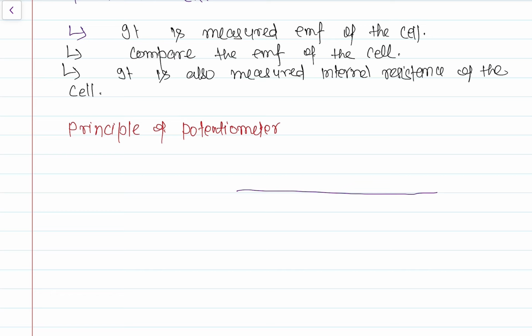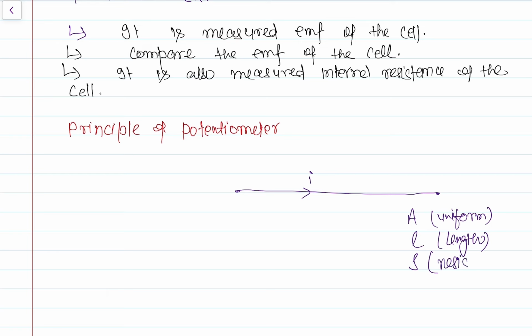Now let's take current I flowing, and A is the uniform cross-section area of this wire. The length of the wire is L, and rho is the resistivity of the metal.